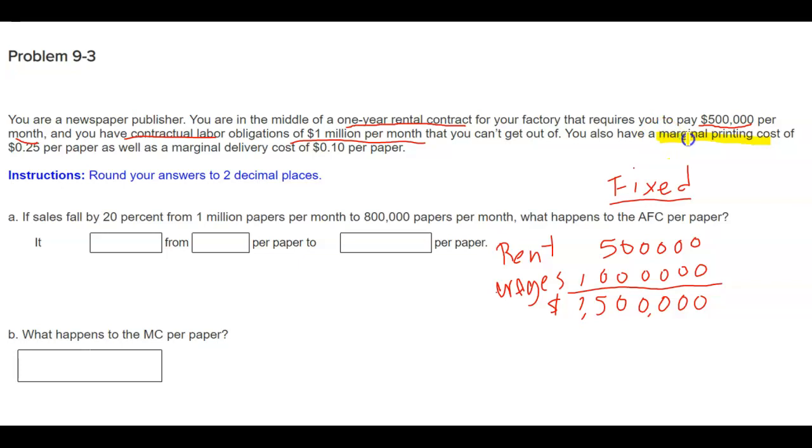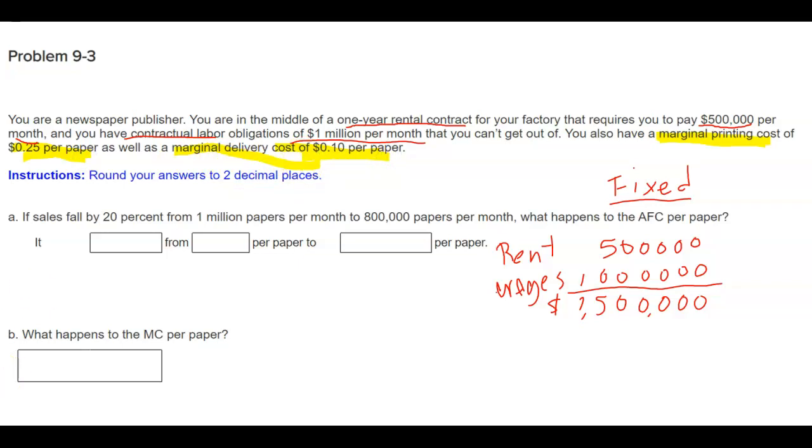So each additional newspaper that you are printing is going to cost you 25 cents per paper and a marginal delivery cost of 10 cents per paper. So for every paper that you print, you're going to have to pay 25 cents for printing and 10 cents for delivery.